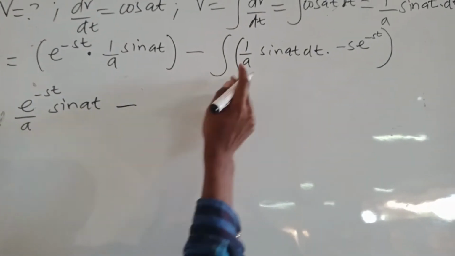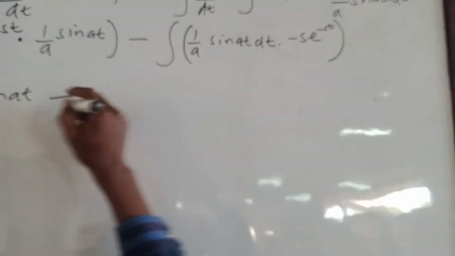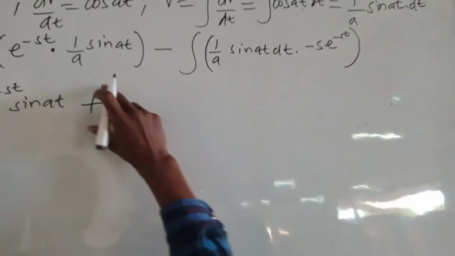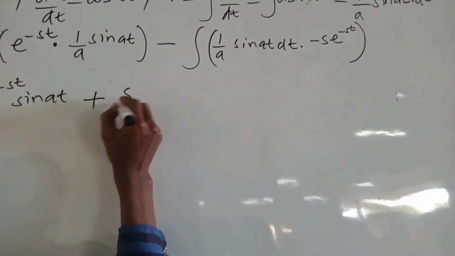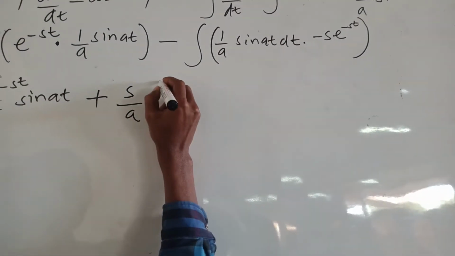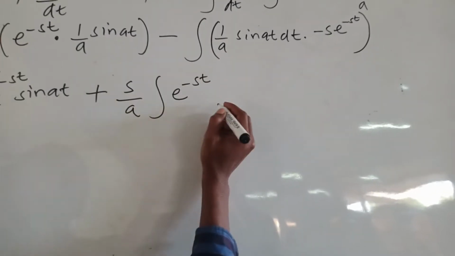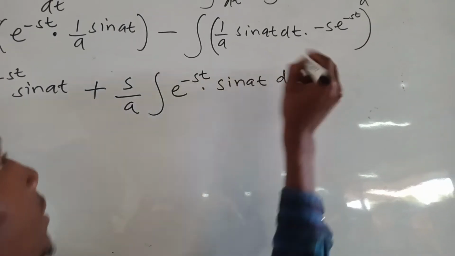You combine: this is 1 over a, this is s. So negative times negative is positive. So this negative times this negative, you get a positive. And then you combine s and 1 over a, so it becomes s over a, integrating e to the minus st times sine at dt.